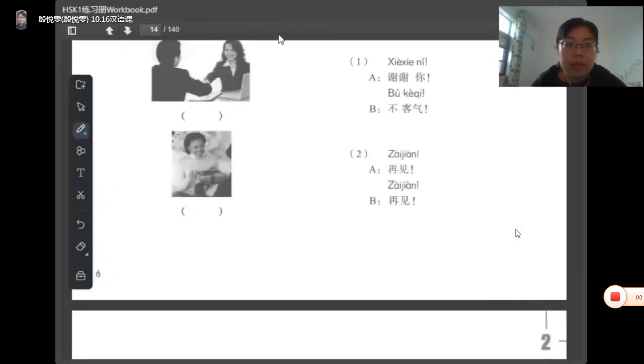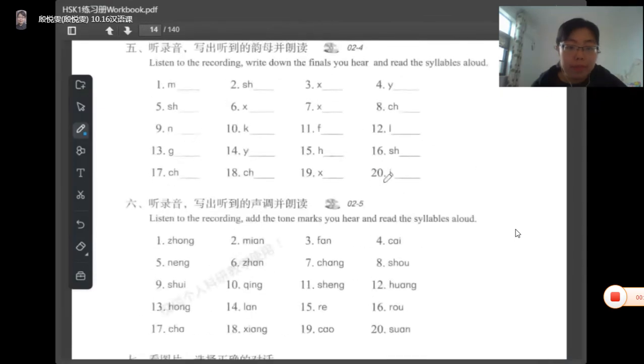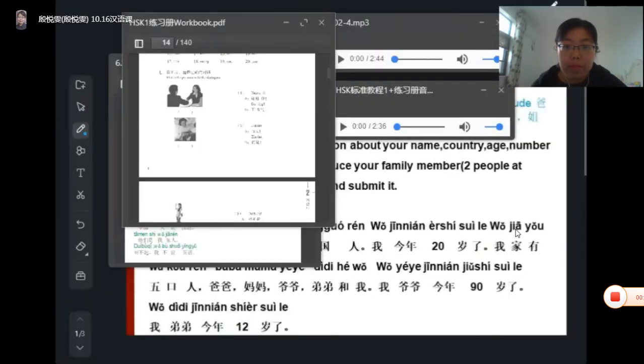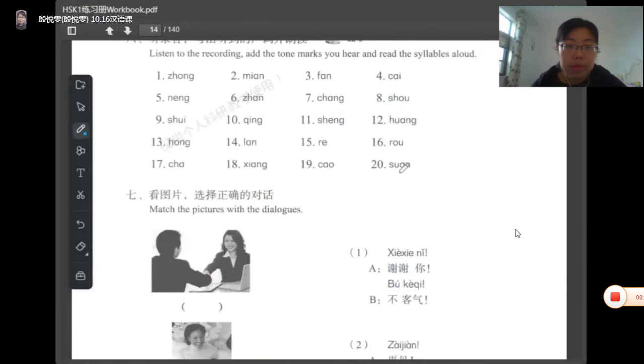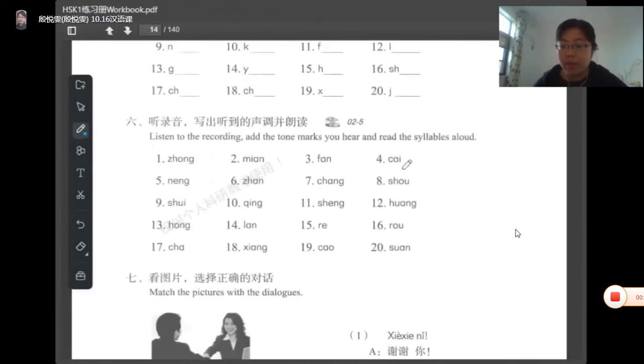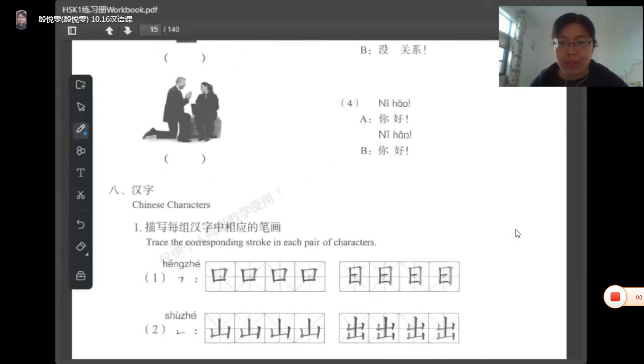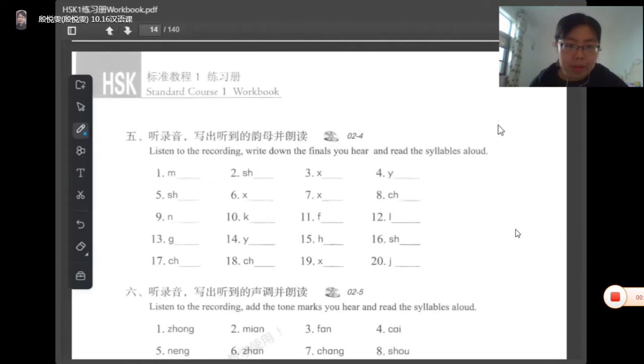Until now, we have learned the knowledge about pinyin and Chinese characters. Let's do some exercises.